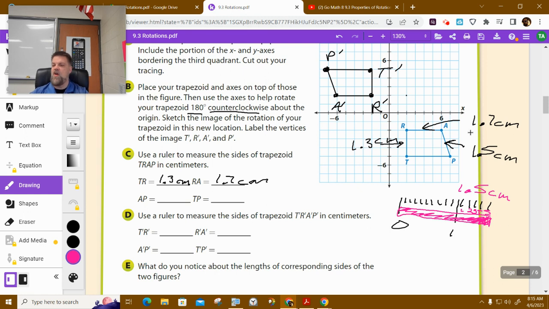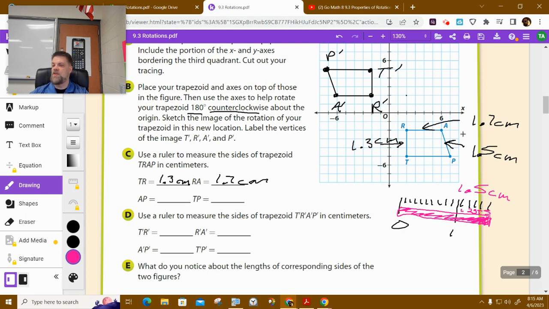But for right now, if you hold a ruler up to this, it's kind of hard to do on the screen. If you hold a ruler up to this, from A to P, it's going to go at least 1 centimeter, and then 5 little marks, and that's 1.5 centimeters.